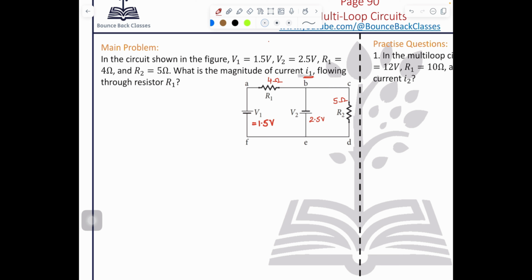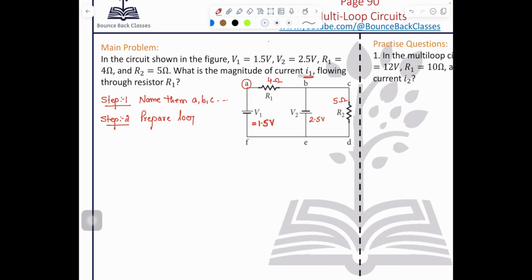Whenever these types of questions will come, let's say in this question, A, B, C is given. So there is a step 1. Step 1, give the names. Name them A, B, C, so on. Clear? Step number 2, prepare the loops.